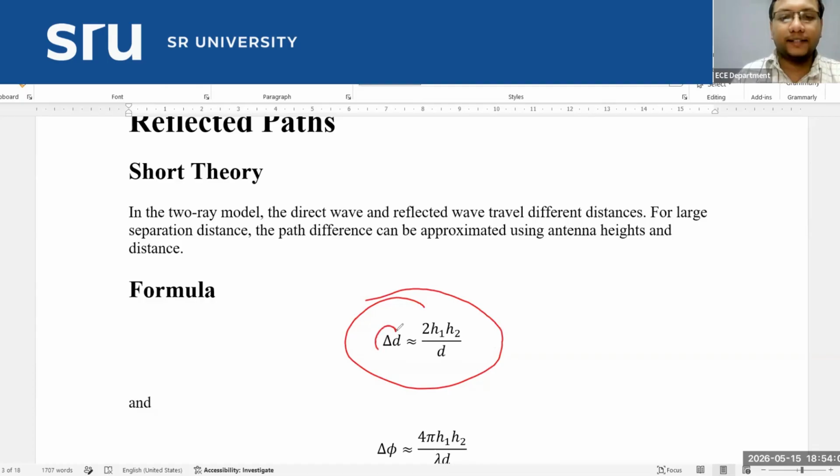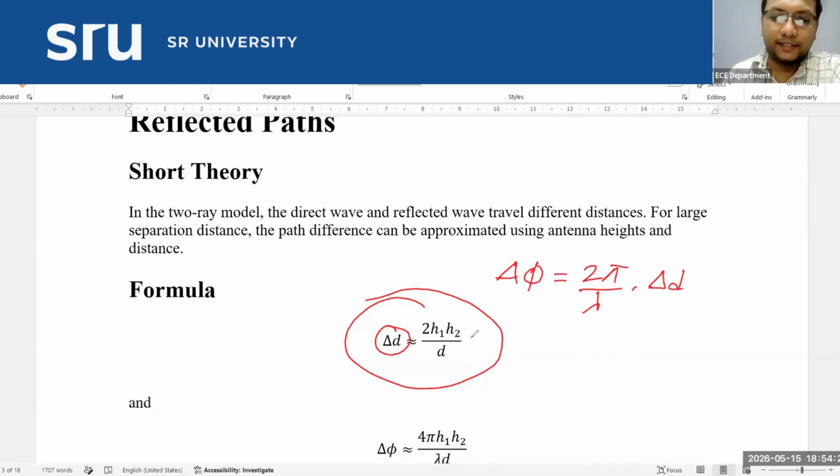If the path difference is known, then we know that the phase difference del phi is equal to 2 pi by lambda into path difference.